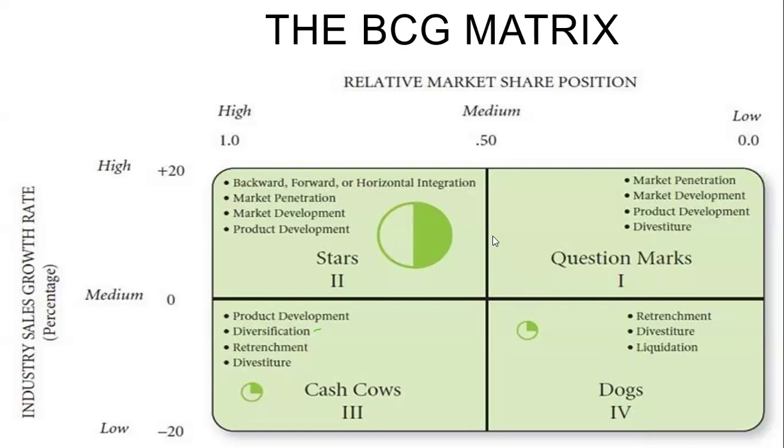Depending on the assessment of the firm's division, product or service, and the various ones that may also be in different markets competing all together, the firm will be able to characterize these numerous portfolios as being the stars, the question marks, the cash cows, or the dogs.